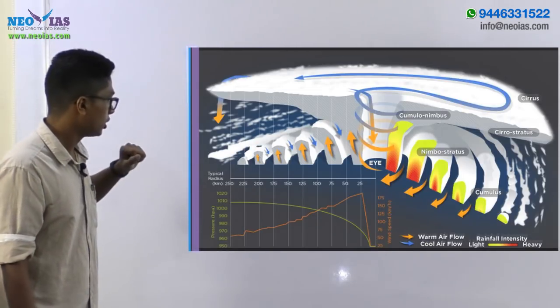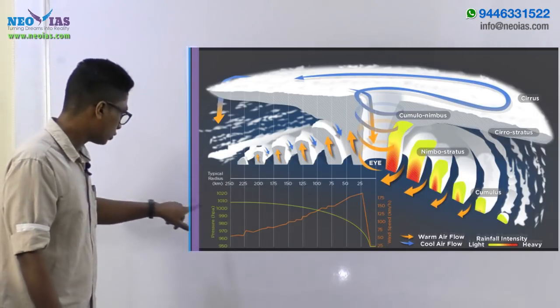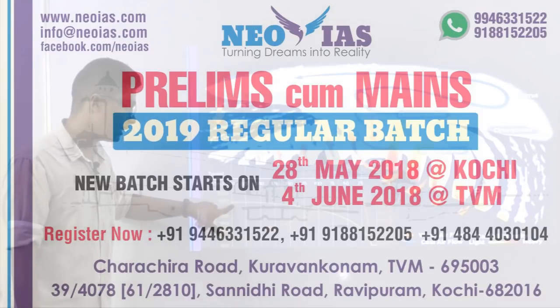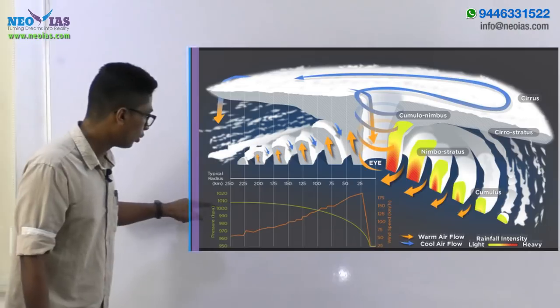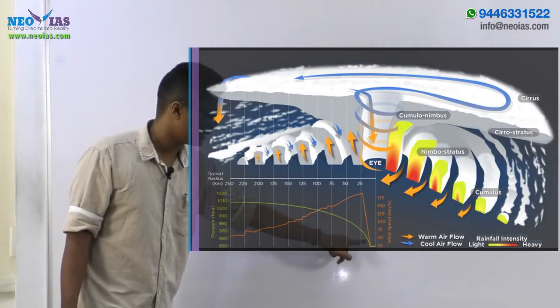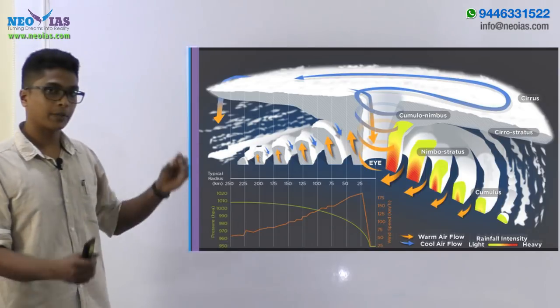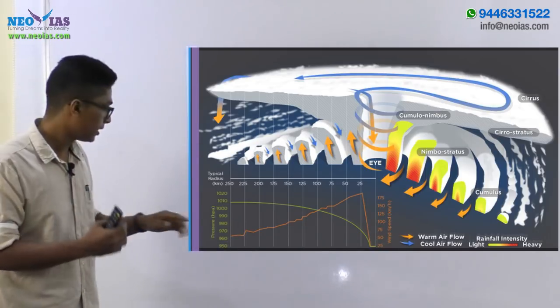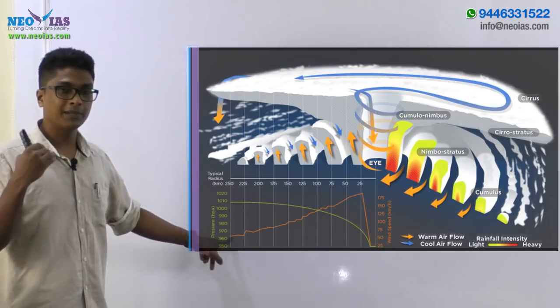Now this picture shows the variation in wind speed and pressure. The green line represents the pressure. As it goes towards the eye region, the pressure is low. And the orange line represents the wind speed. Away from the eye, the wind speed was less.